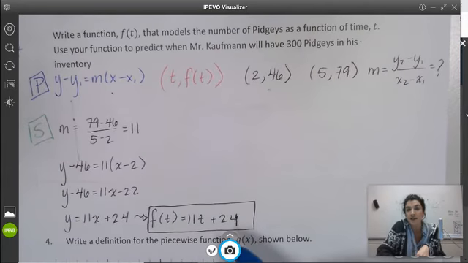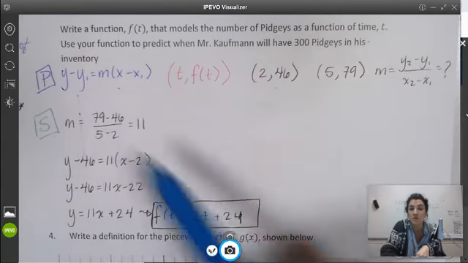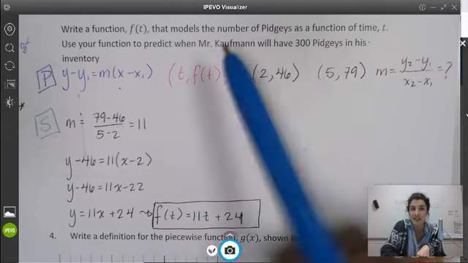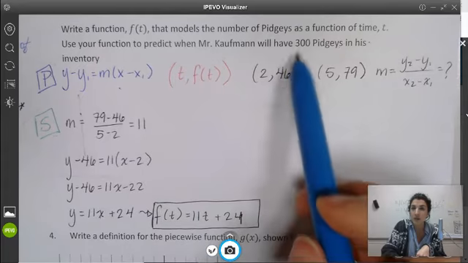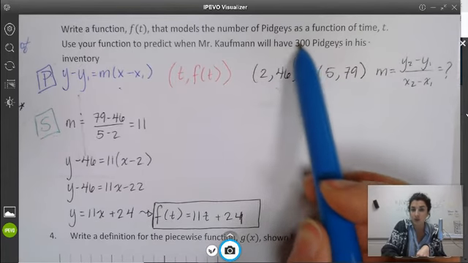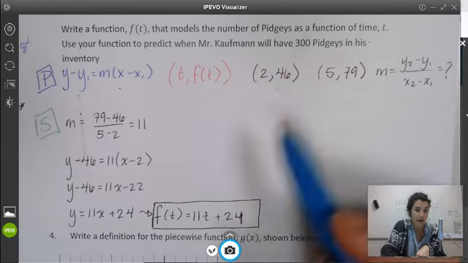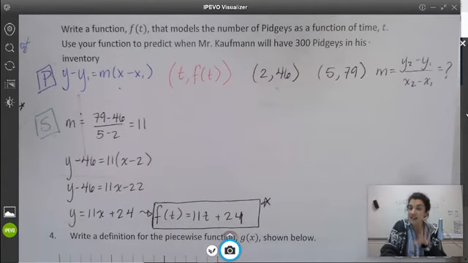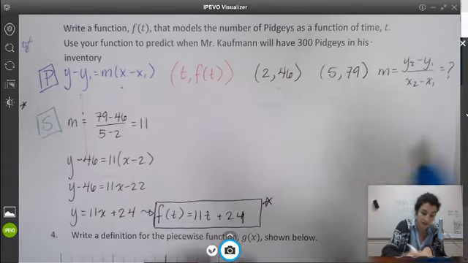All right, so we've now written a linear equation and we want to use this function to predict when Mr. Kaufman will have 300 Pidgeys in his inventory. So if we want to plug in 300, what are we going to plug 300 in for? T or f of t? We're going to be plugging in 300 for f of t.